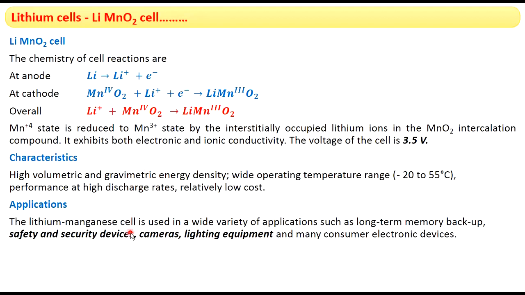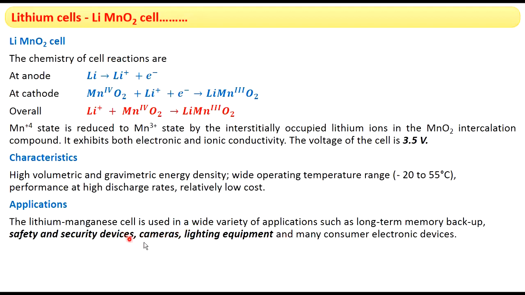And applications. Lithium cells, especially the lithium MnO2 cell, have wide applications. We use these batteries for applications where we need long term memory backup, like security devices, CCTV cameras, and some other security applications. We use lithium MnO2 battery in safety devices also.